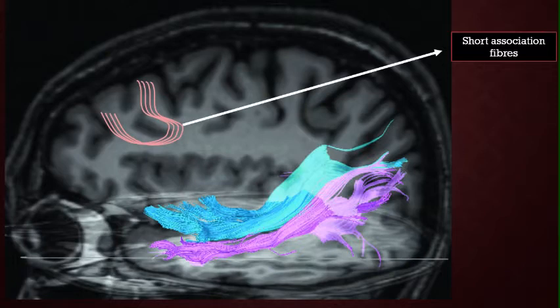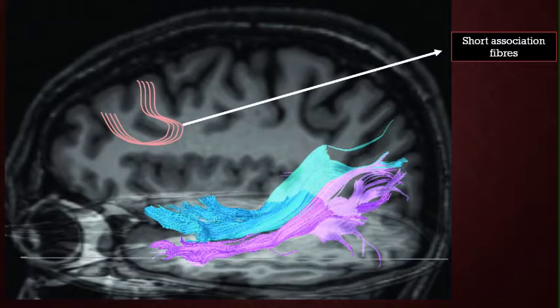In the frontal lobe, we can identify the superior frontal gyrus, middle frontal gyrus, and the inferior frontal gyrus. So the short association fibers connect adjacent gyri of the same cerebral hemisphere. When the fibers connect the gyri of the same cerebral hemisphere, they are called association fibers. That is about the short association fibers.